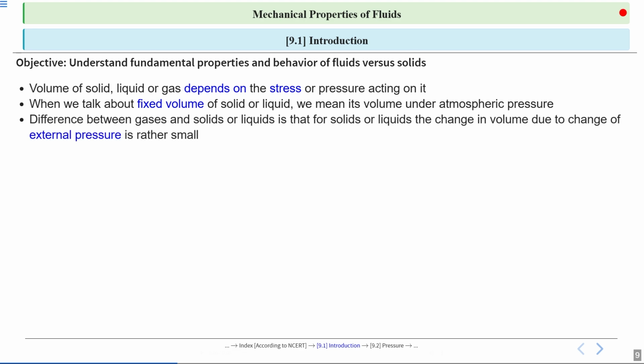Next, let's look at the difference between gases and solids or liquids. For solids and liquids, the change in volume due to external pressure is relatively small. This means they are less compressible compared to gases, which can expand or contract significantly with pressure changes.